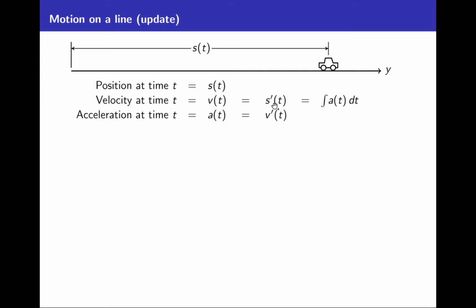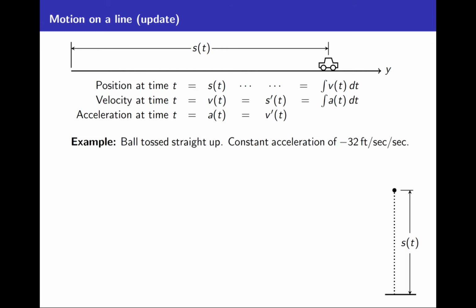And likewise, because the derivative of position equals velocity, our position function is an antiderivative of velocity. So we've updated the formulas for s, v, and a. In addition to v and a, velocity and acceleration being derivatives of position and velocity respectively, now position and velocity are these antiderivatives given here.